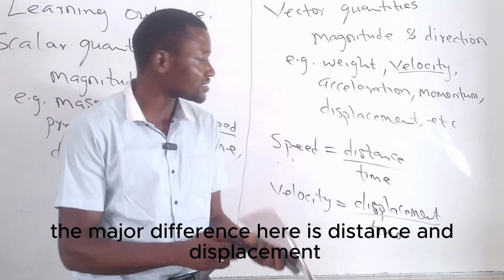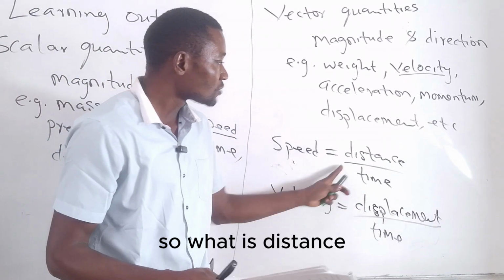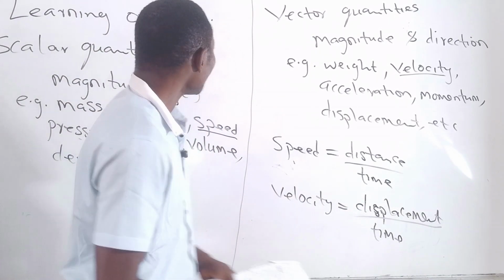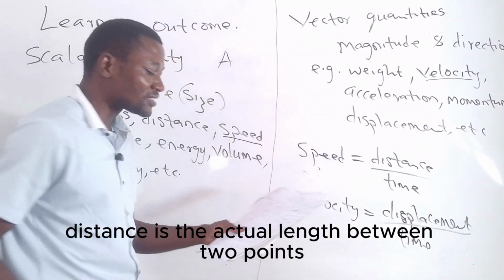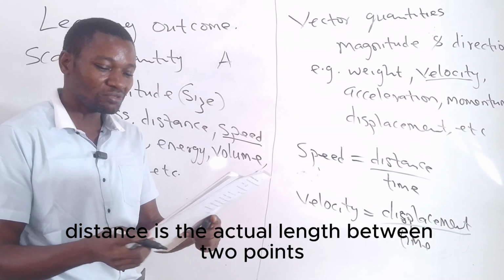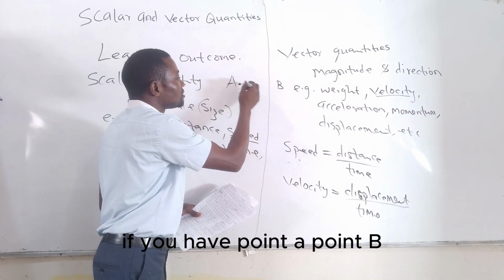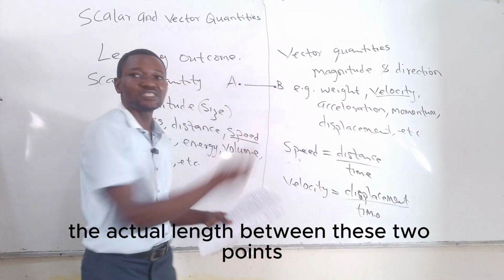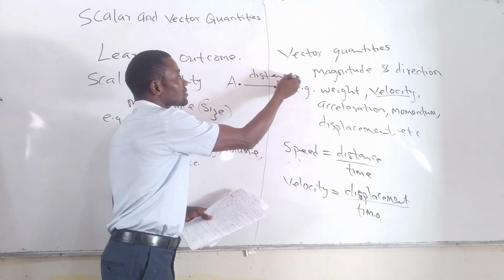So the major difference here is distance and displacement. So what is distance? Distance is the actual length between 2 points. If you have point A, point B, the actual length between these 2 points is what we call distance.